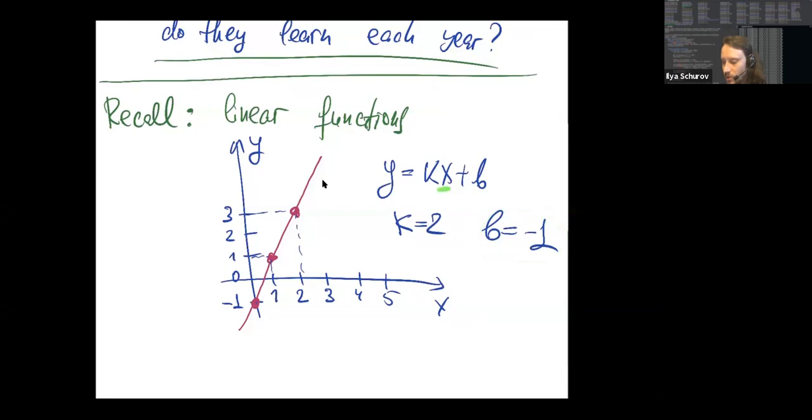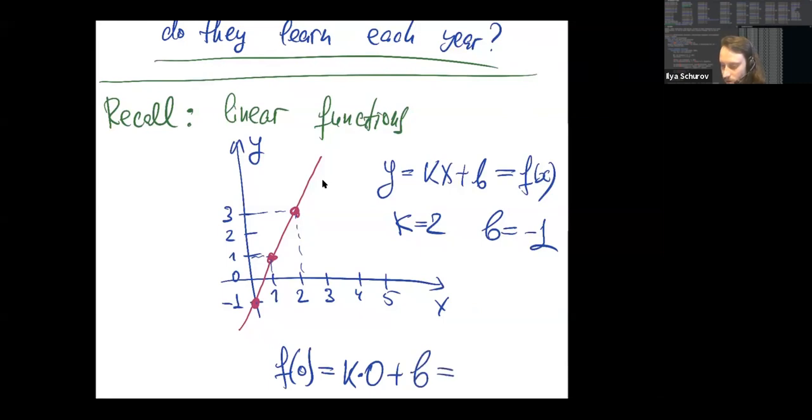If I substitute 0 here instead of x, I will get the coordinate of this point, because this point corresponds to 0 of variable x. So let me denote it also by f of x. So f of 0 equals k times 0 plus b.